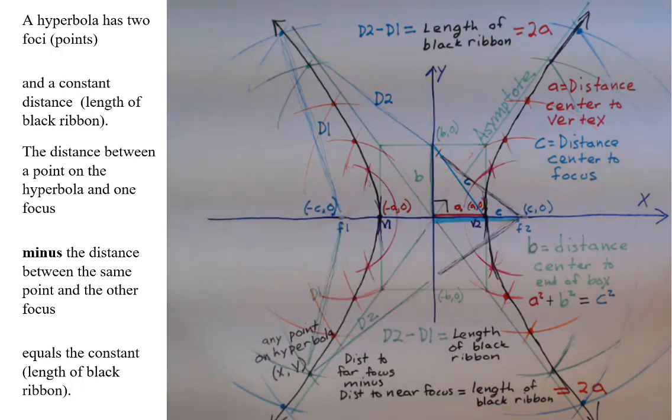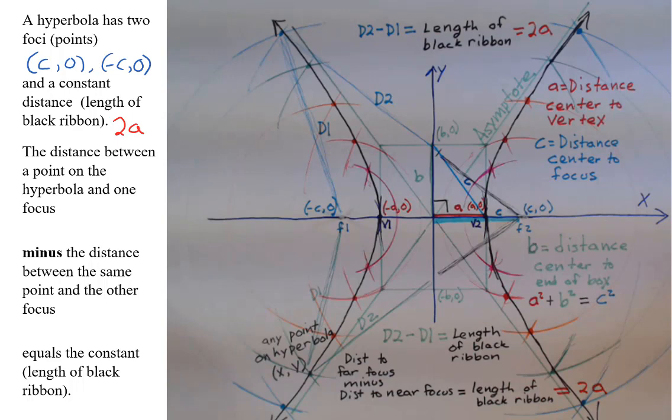A hyperbola has two foci, points, and we see these have coordinates (c, 0) and (negative c, 0), and a constant distance, the length of the black ribbon, which is 2a. Then we want the distance between a point on the hyperbola and one focus. The point on the hyperbola has coordinates (x, y), and the first focus has coordinates (c, 0).